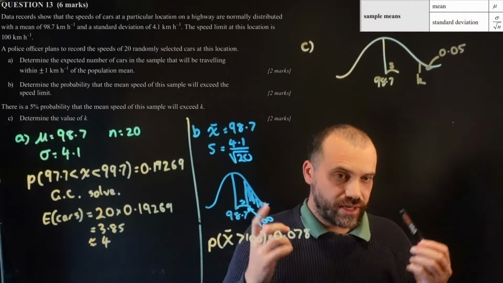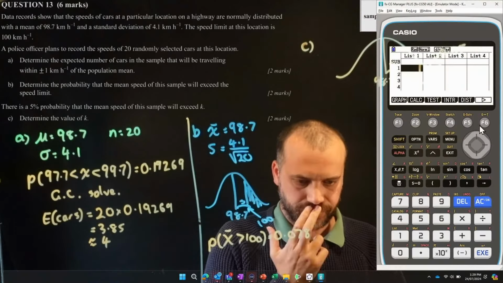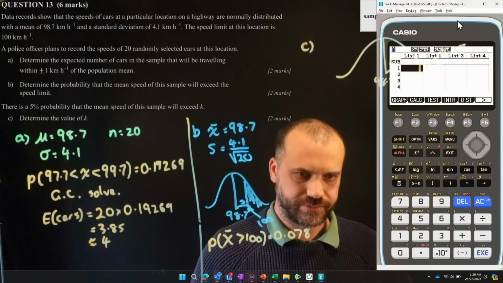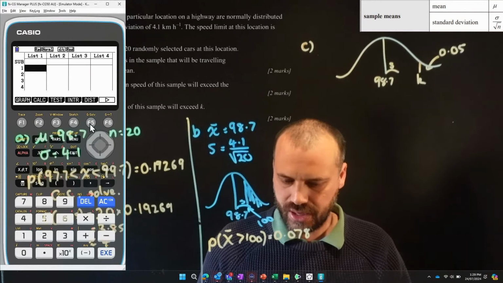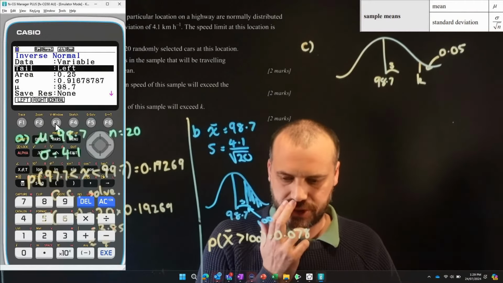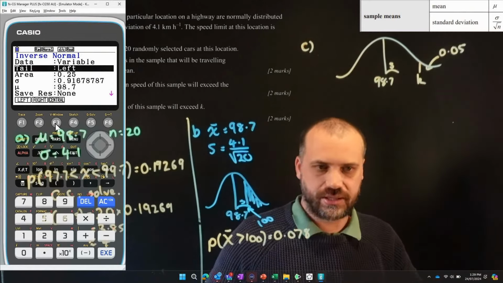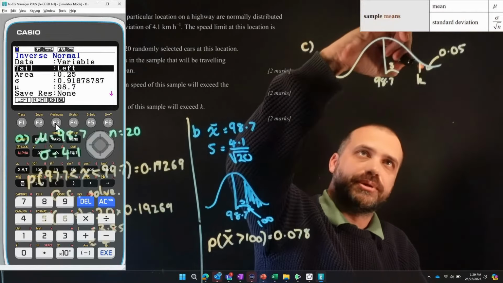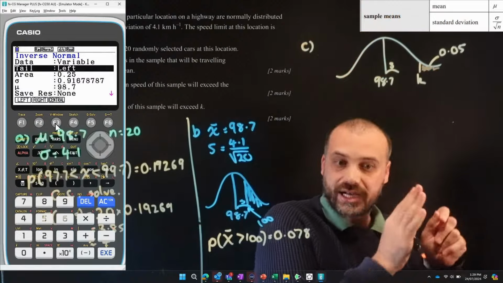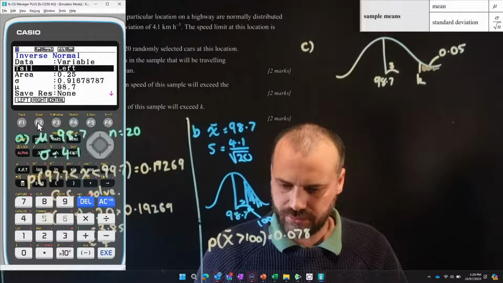So let's find out what K is equal to using an inverse normal. We're going to go a distribution, a normal distribution, an inverse normal distribution. Now, the tail is on this side, right? Because we know that the probability is 0.05 that it's larger than K. All right, so we're not going left tail, we're going right tail.